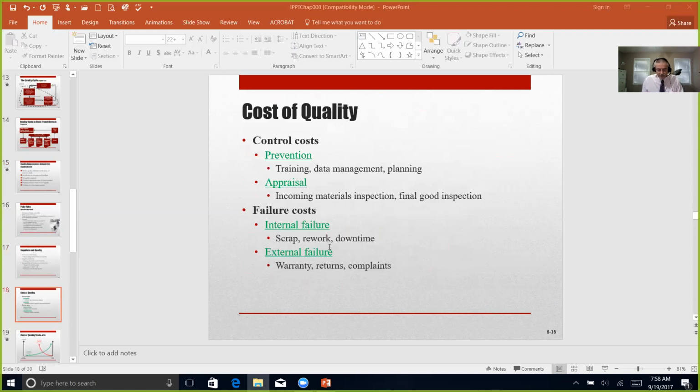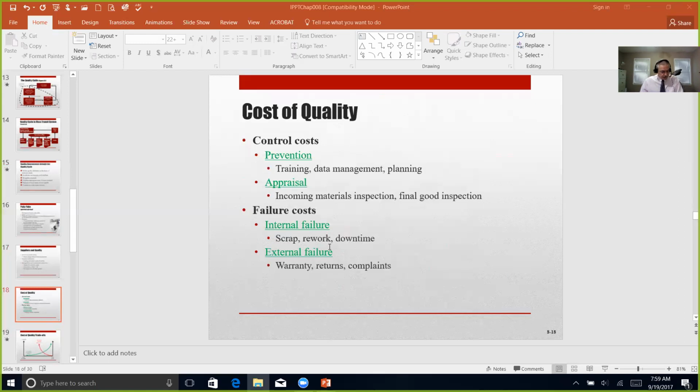Some suppliers may not see the need to, or have the resources to, develop a system that meets the ISO 9000 standards. Certainly that's understandable, but depending on the type of manufacturing process you're in, you may not have a choice but to use ISO 9000 type certifications in your supplier chain.